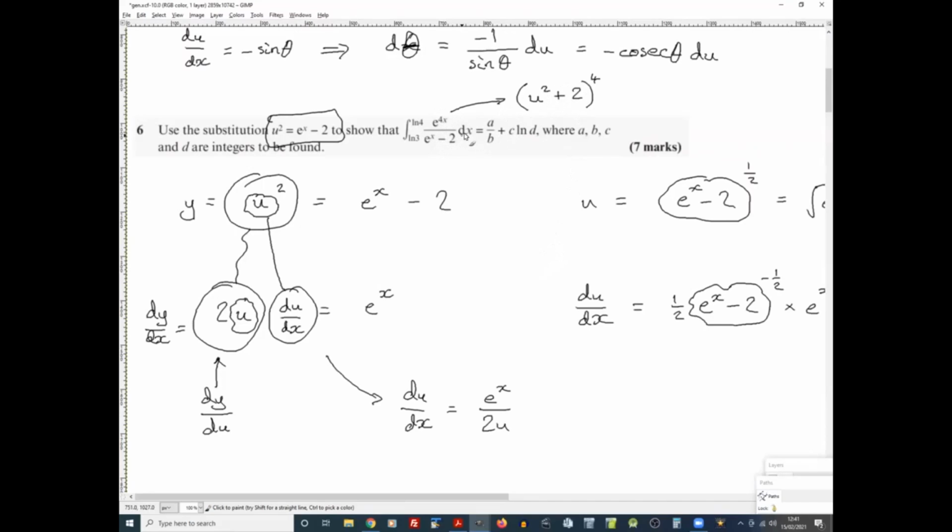Have we substituted for dx yet? Not quite. dx is going to be equal to, hold on, let me think, 2u du over e to the x.